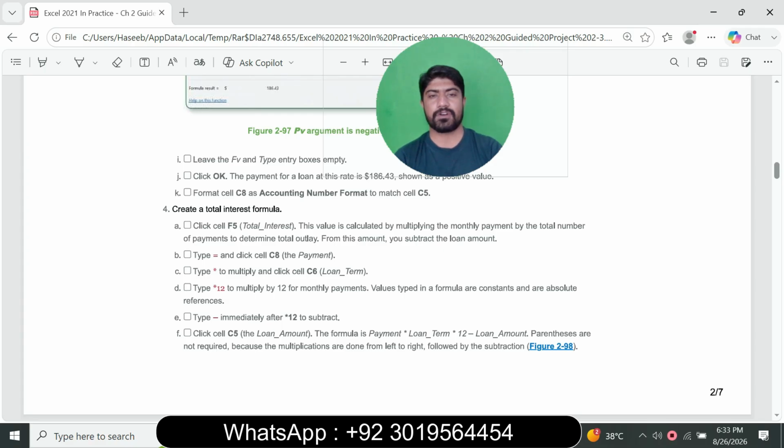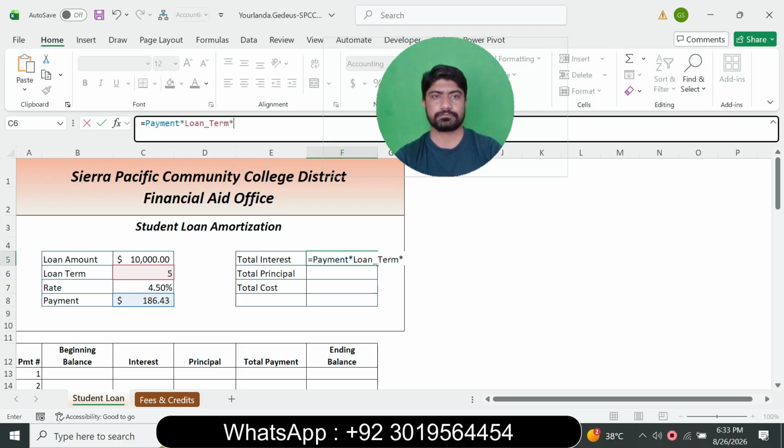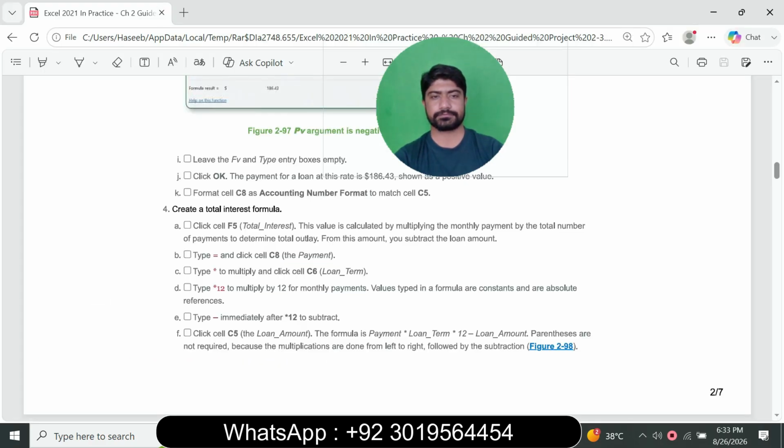Multiply by 12 for the monthly payments, using an absolute cell reference. So loan term multiplied by 12, minus the loan amount.